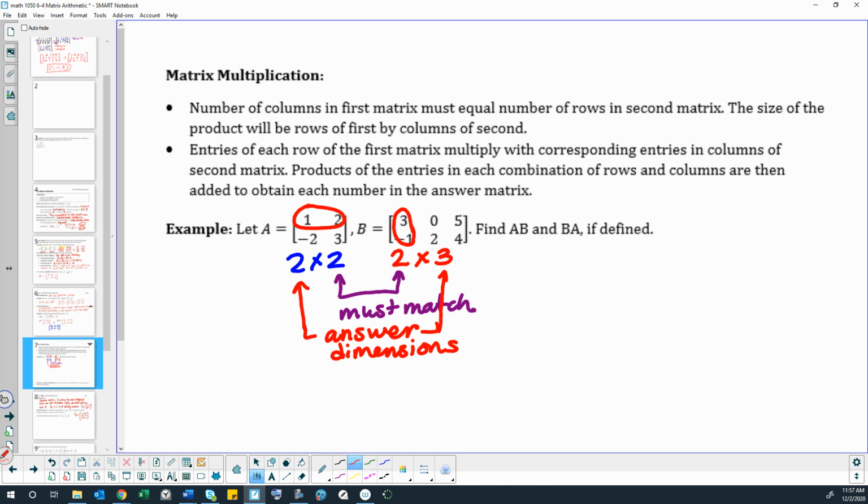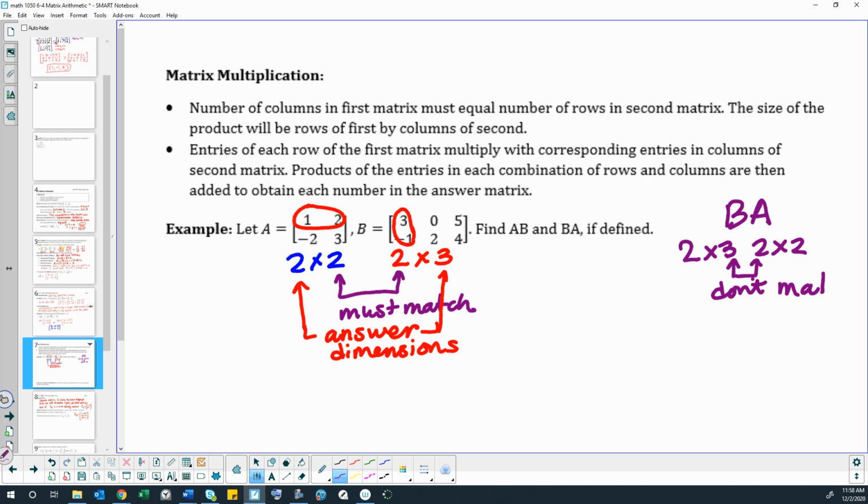In this case, if we were to switch them, we can't even multiply them in the opposite order, because that number would come first and that one second, and those two middle numbers won't match. I can write that out if you're not sure. So for BA, matrix B would be a 2 by 3, and matrix A would be a 2 by 2, and these two numbers don't match.